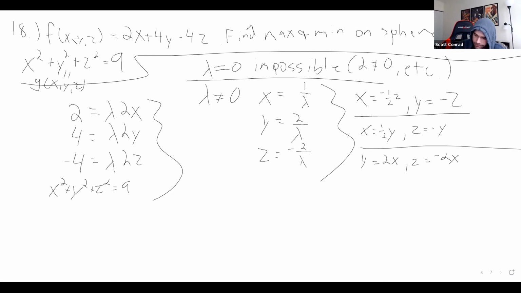Okay, so let's do what you had suggested. Probably the simplest thing, Taylor: solve for y and z in terms of x, and then plug them in.